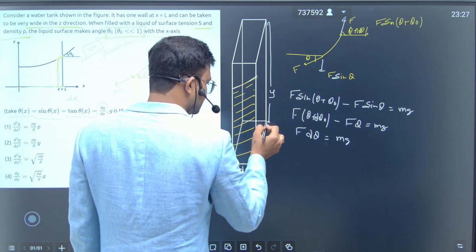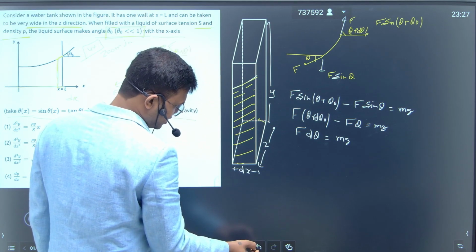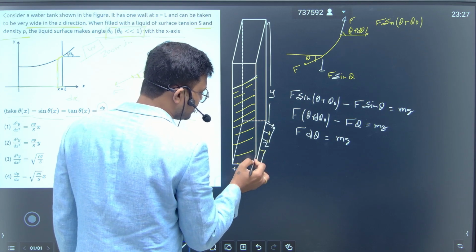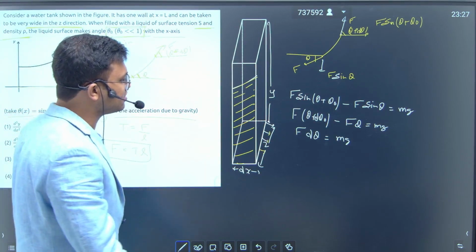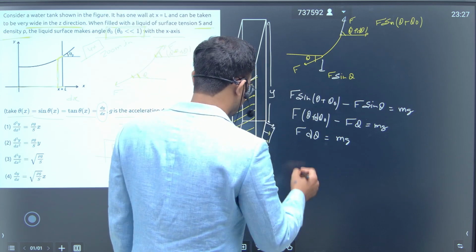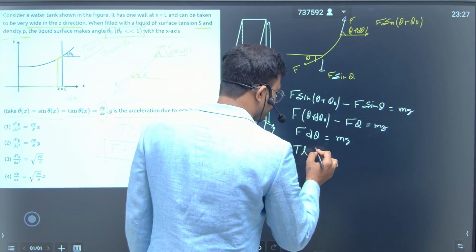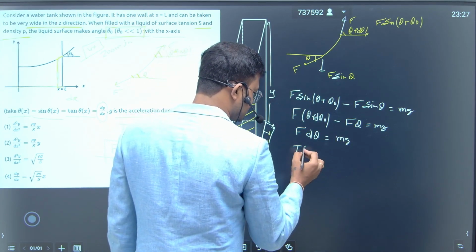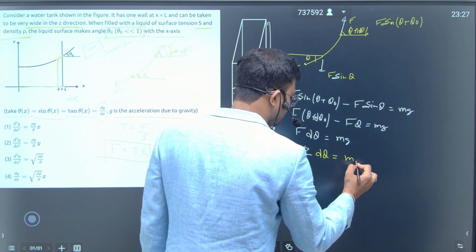So force can be written as T into L, the length in the z direction, into d theta, equal to m into g.